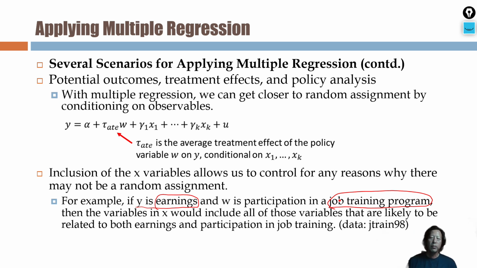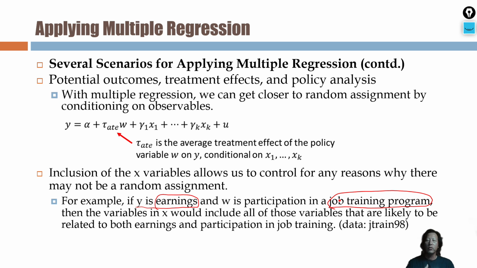And then the problem may be like this. If only low income people participate in the job training program, right? It's possible. Someone who is earning a lot of money doesn't need the job training program. But low earning people want to increase their earning, so they participate in the job training program.